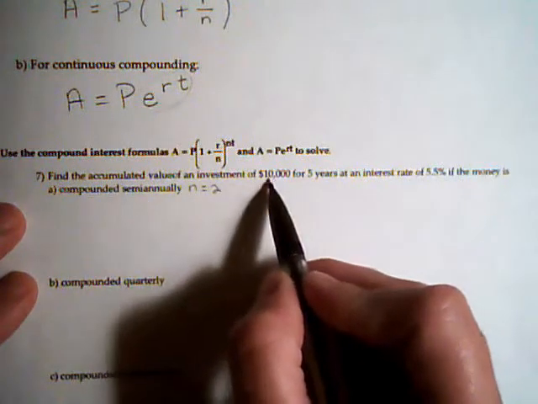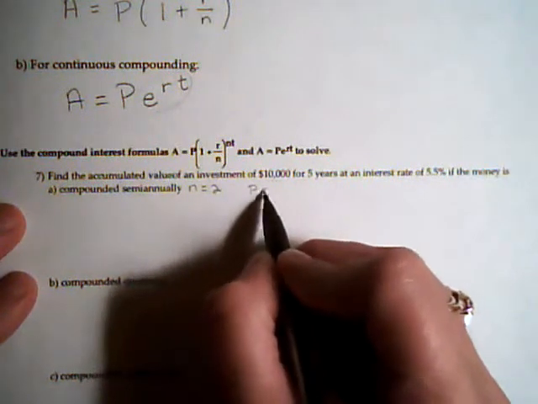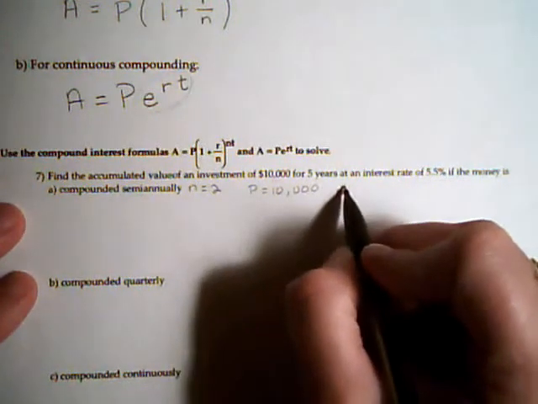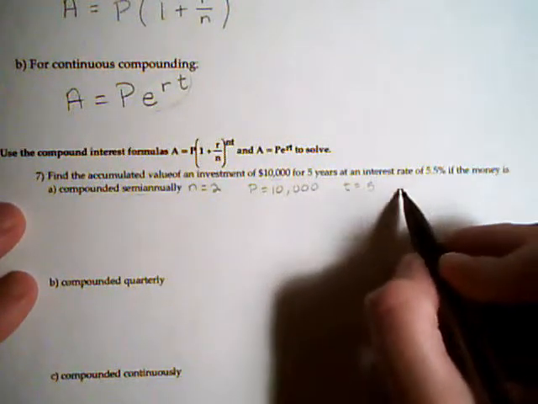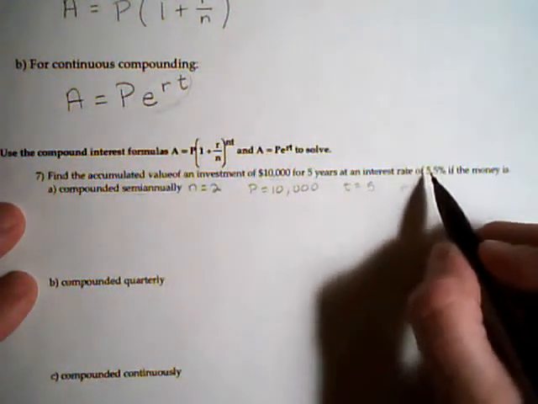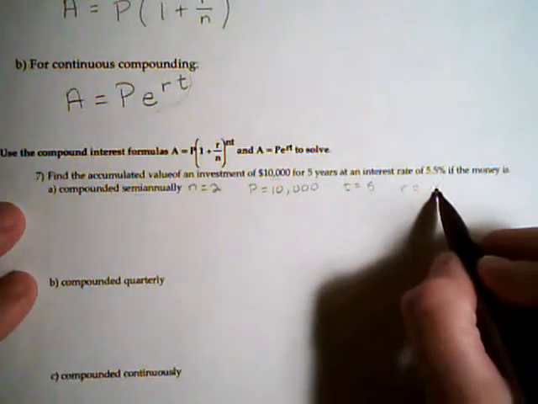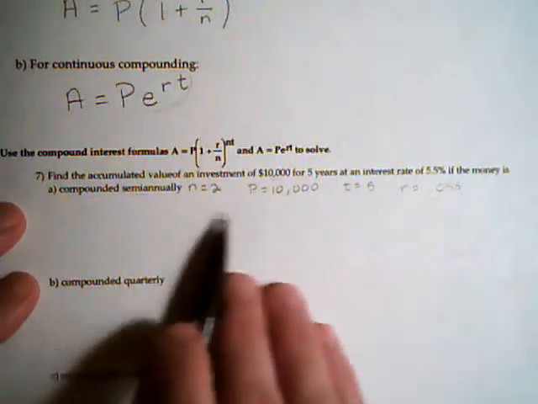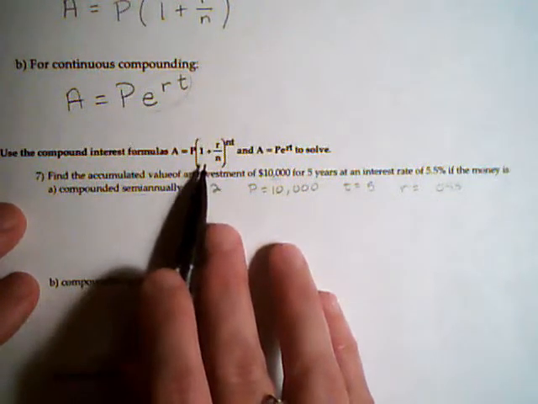The initial investment is $10,000, so that's my P value. The t, the time, is 5 years, and my interest rate, if I change this to a decimal, would be 0.055.